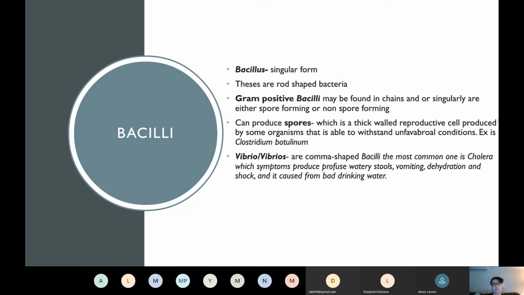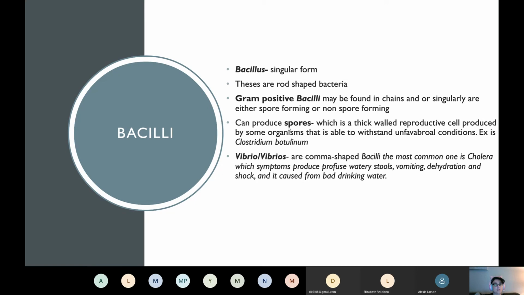A lot of times, your bacilli can produce spores, and that spore is one of the reasons that, when we wipe something down with bleach or something that should kill 99%, that 1% that's still living, it's these guys right here, the spores.